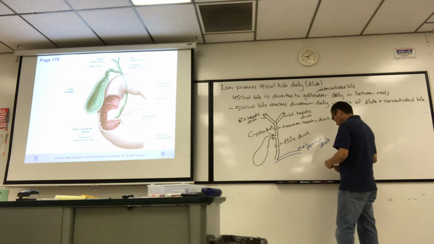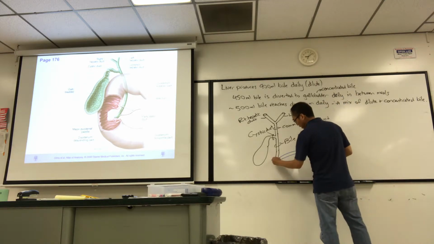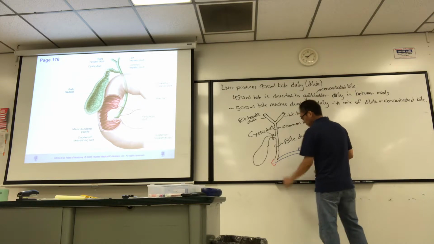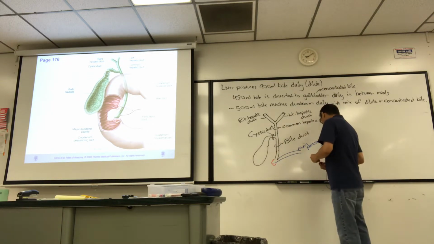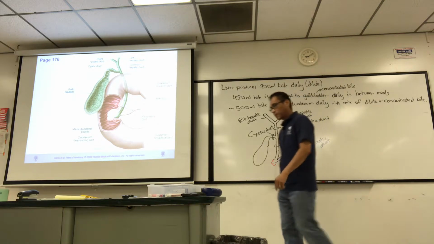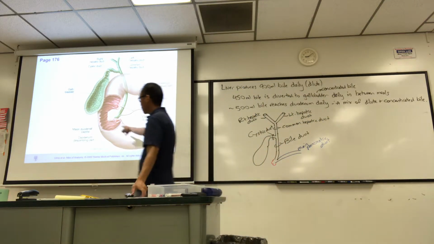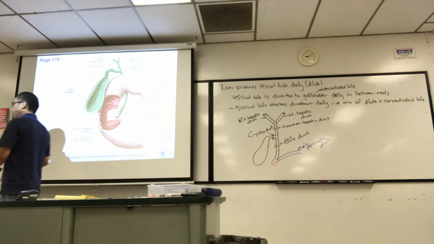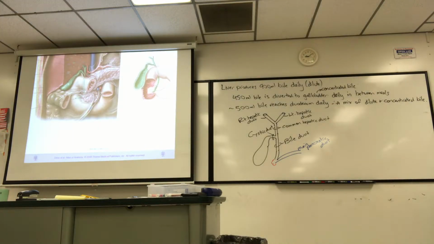And so that's the whole major duodenal papilla thing. That's how they release their contents into the digestive tract there. Major duodenal papilla. I'm going to move on. So there's a picture side by side of those two drawings.